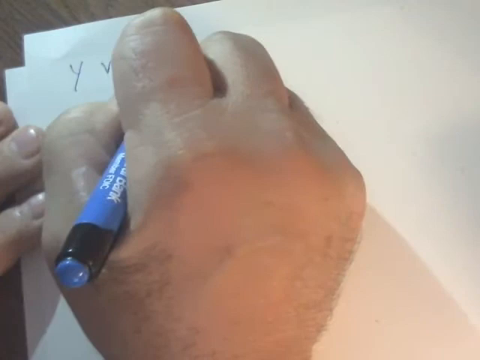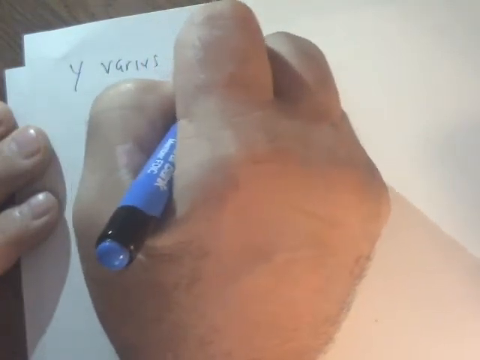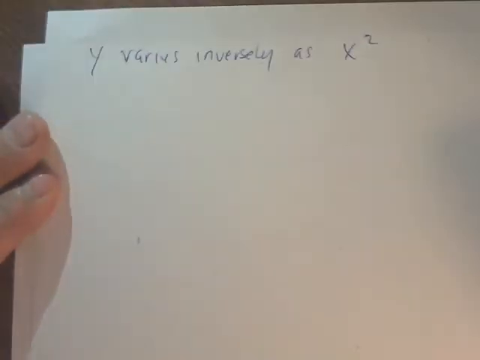Now let's look at an inverse variation example. So let's say that y varies inversely as, in this case, let's just say they give us x squared.